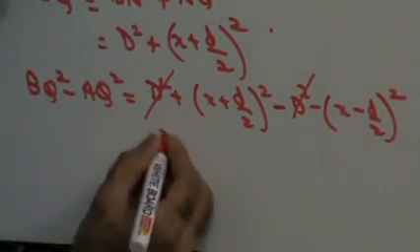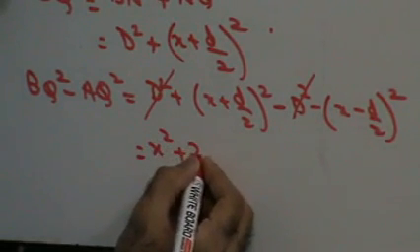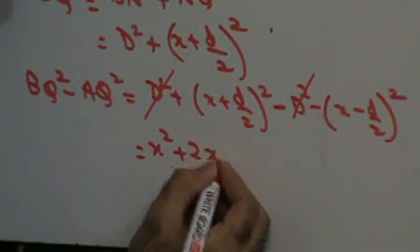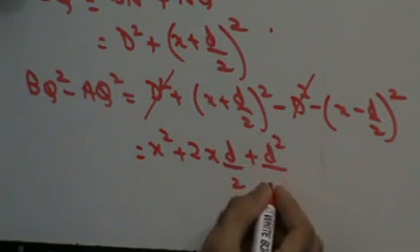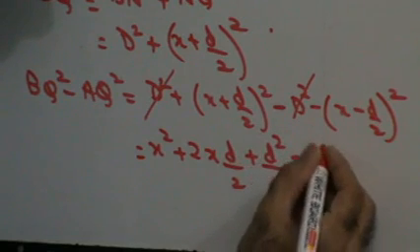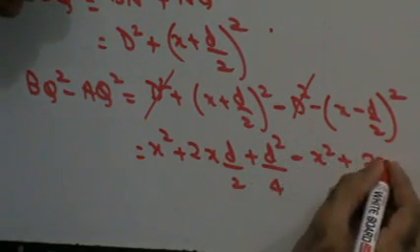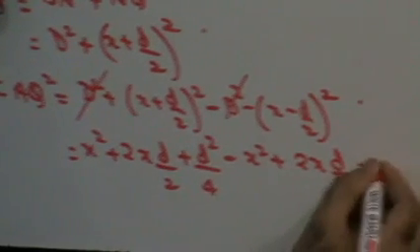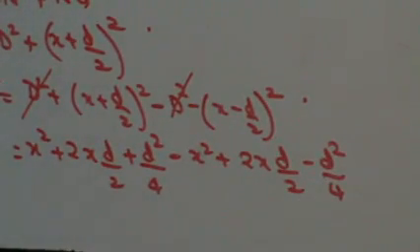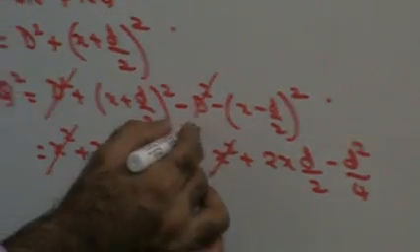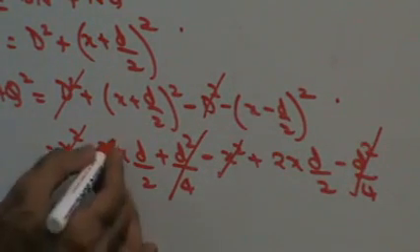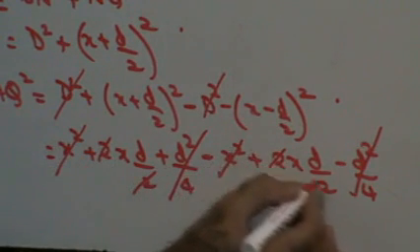This is going to be x square plus 2x into d/2 plus d square by 4, minus x square plus 2x into d/2 minus d square by 4. I'm expanding using the formula (a + b) the whole square and (a − b) the whole square, in which case x square gets cancelled, d square by 4 and d square by 4 get cancelled, and 2 and 2 get cancelled.